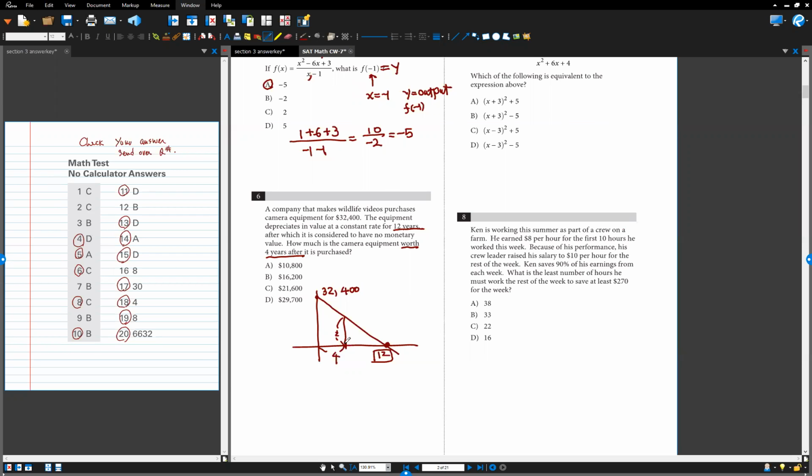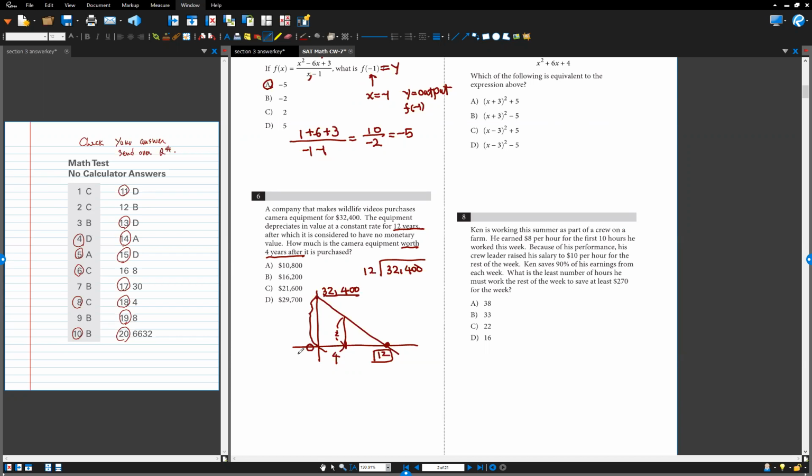All right. We know that over 12 years, it decreases by 32,400, but every year it decreases by a constant amount. So check it out: 32,400 divided by 12.